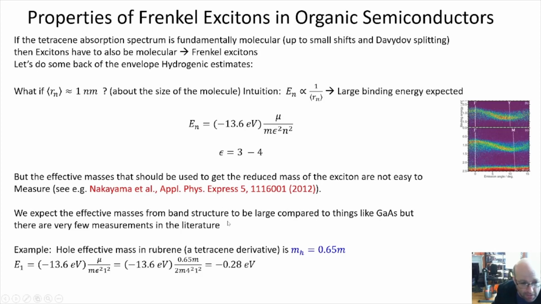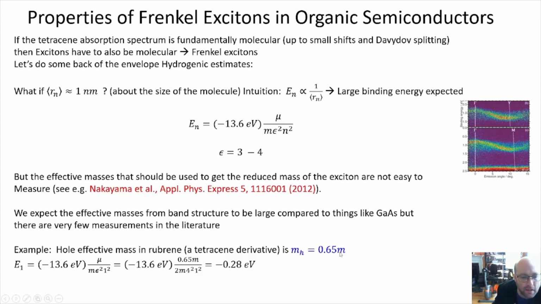photoelectron spectroscopy data of the band structure of a related molecule called rubrene, which is just tetracene with 4 non-conjugated phenyl feet attached to the acene rod, if you want. And there you get an effective mass for rubrene that's about 0.65 times m.